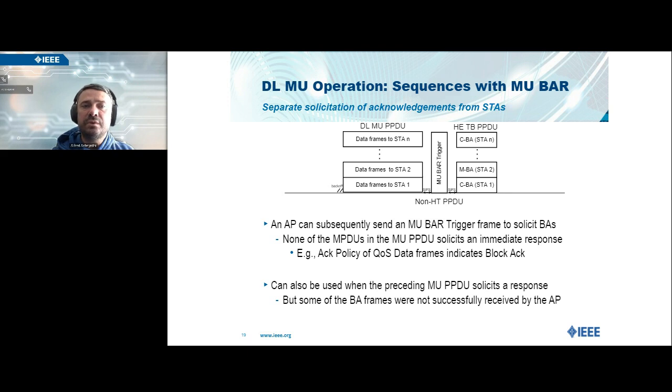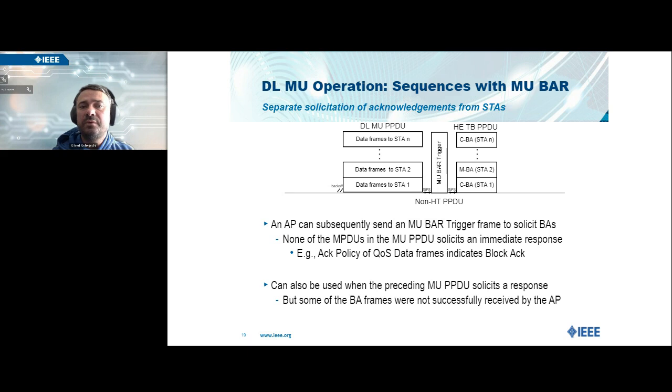For example, if you solicit 3 block ACKs with the default mode and 2 of them didn't make it in the uplink, then the access point can call those 2 stations again to regenerate those acknowledgements. So all these corner cases can be tackled by the MU-BAR trigger frame.